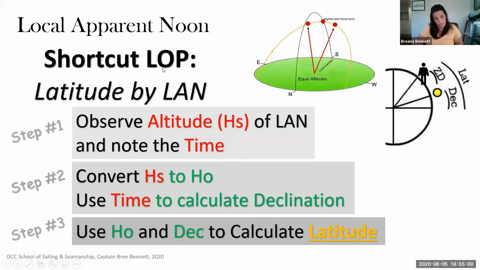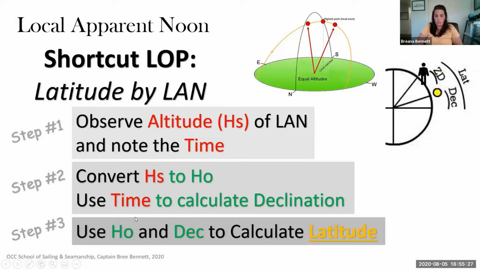So quick little review, our shortcut. We observe the altitude, HS, and note the time. Then we use that HS and convert it to HO using our nautical almanac. And then we use the time and calculate declination. Quick little calculation. So this is the abbreviated site reduction form on step 2.